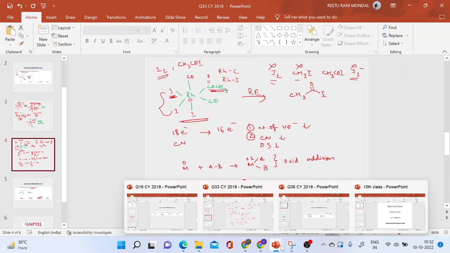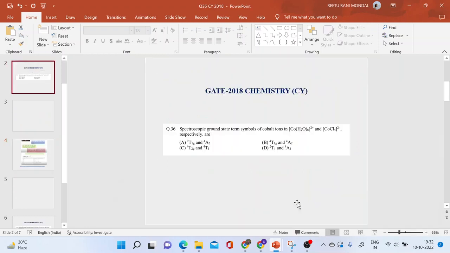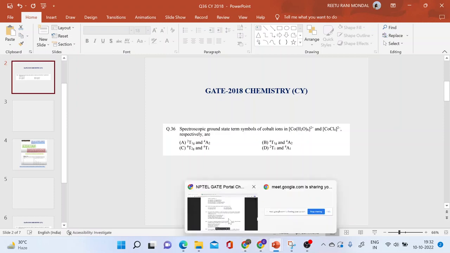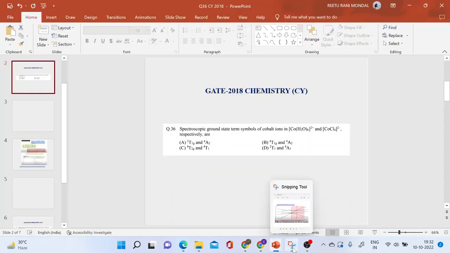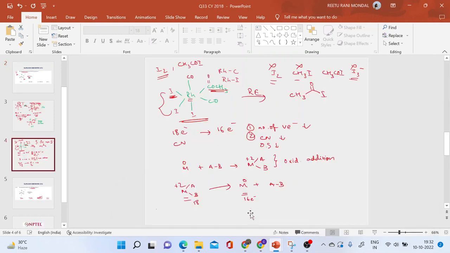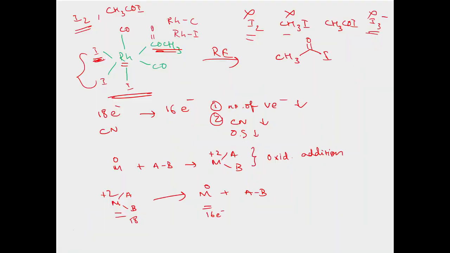Ma'am, is there any role of trans effect in this case? Trans effect in this case? Can you explain how you are saying that? Ma'am, I'm not saying, I'm just asking whether there is a role of trans effect here.